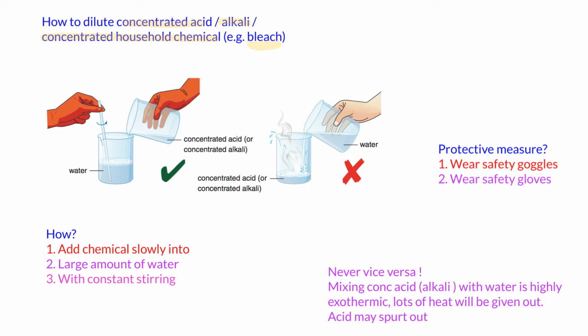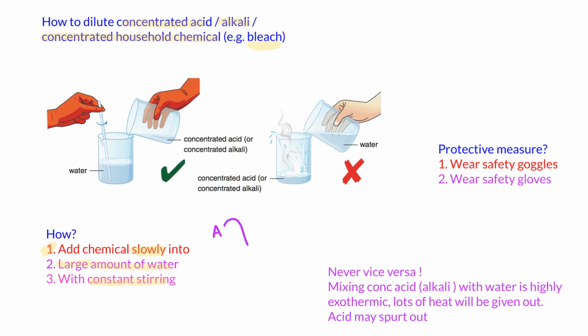you have to follow three important steps. First, you need to add the chemical slowly into a large amount of water with constant stirring. So how to memorize it? Easier. Just remember this picture. If you count alphabets from A to W, you'll find that A will go first.